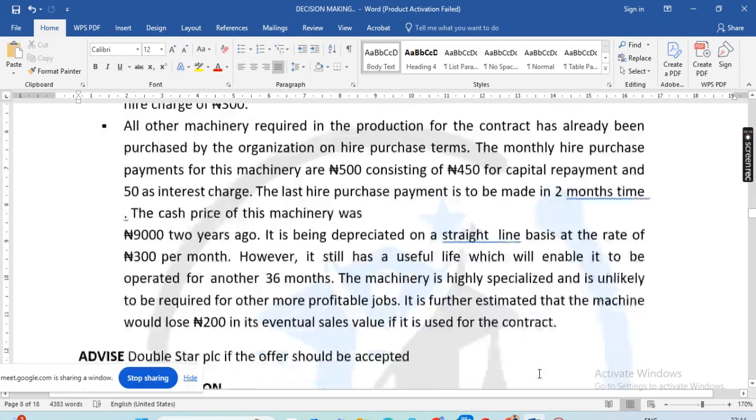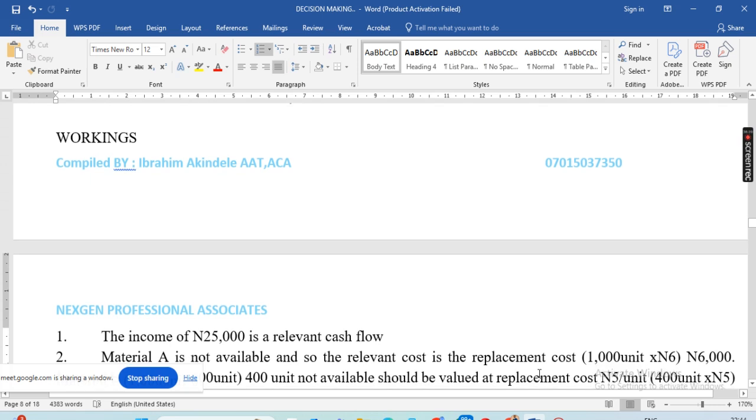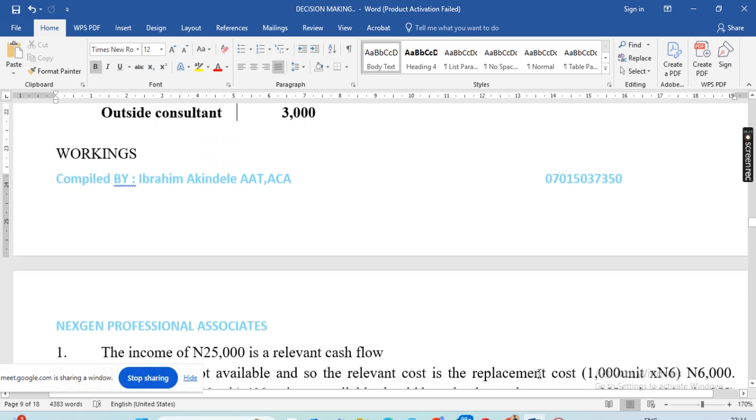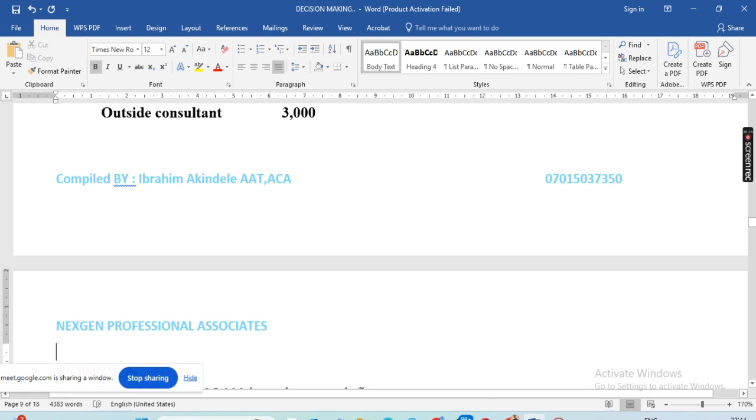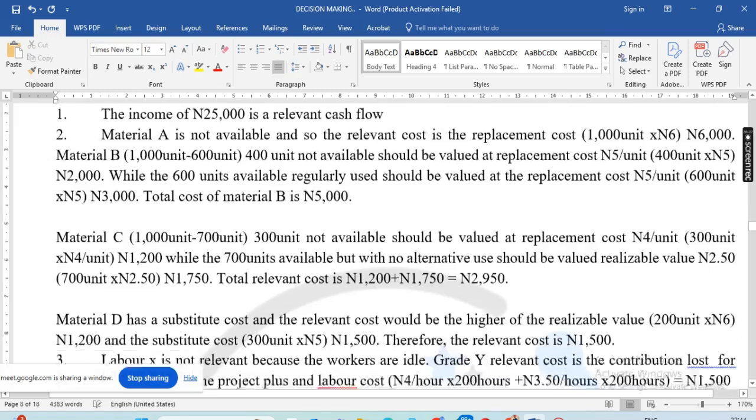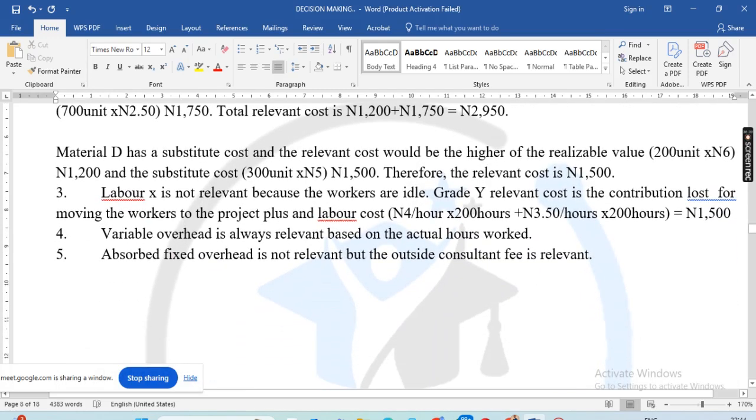Now, we go. I think that should be the last one, right? Now the relevant costs of the special cutting machine.